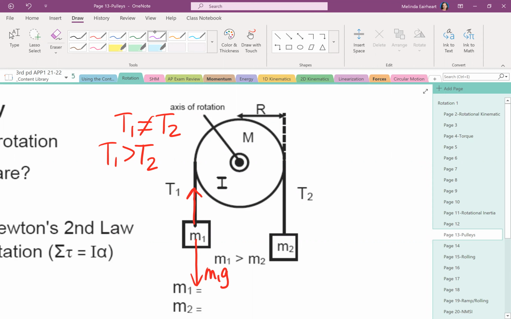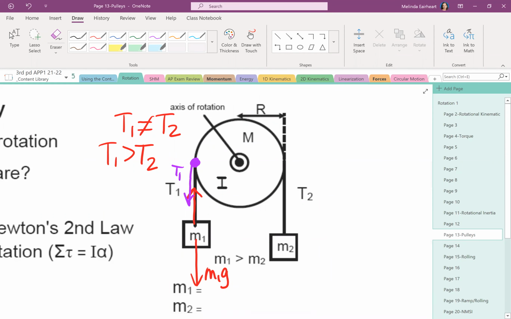But that tension is now touching, it's gripping the pulley. Watch this, here's the new part. Its last point of contact is right there in purple. And that tension force, it's still Newton's third law. It's going to be equal and opposite, FT1. I'll just go with T1. It's pulling up on M1, but down on the pulley.